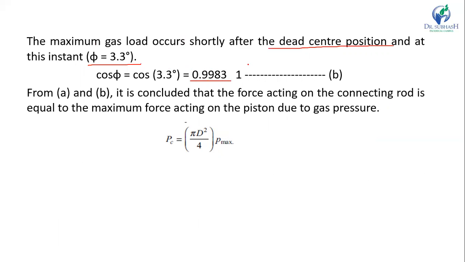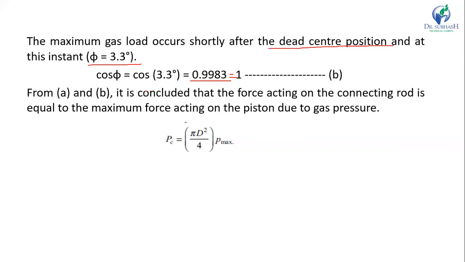So from equations A and B, it is concluded that the force acting on the connecting rod is equal to the maximum force acting on the piston due to the gas pressure. Here cos phi, 0.99, is equal to 1.